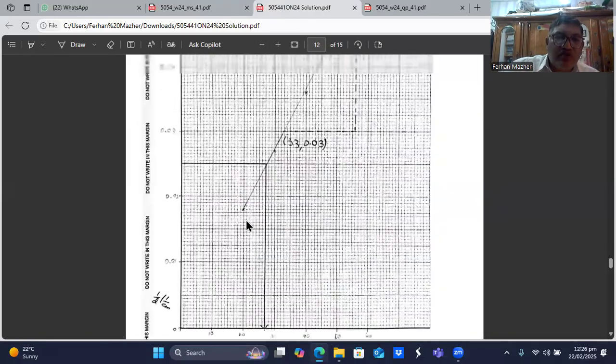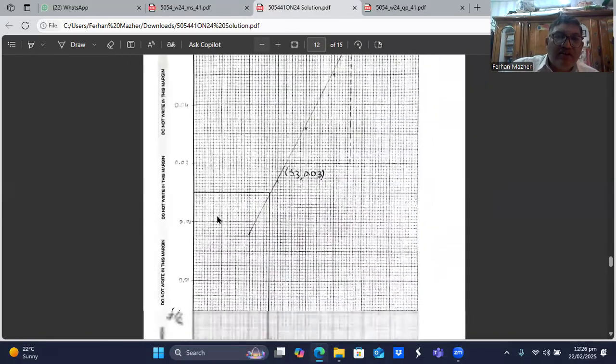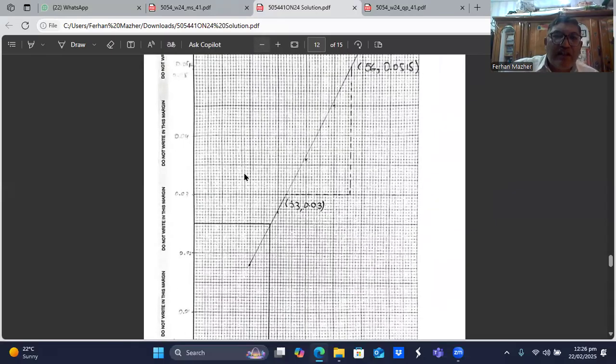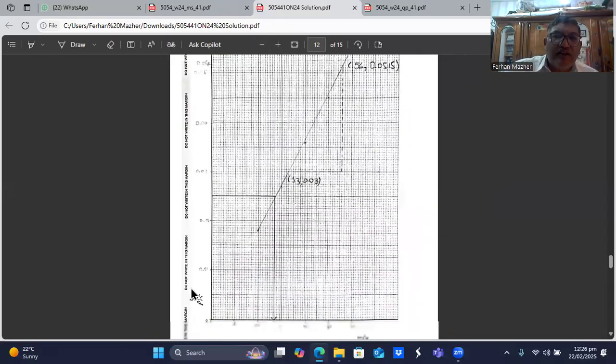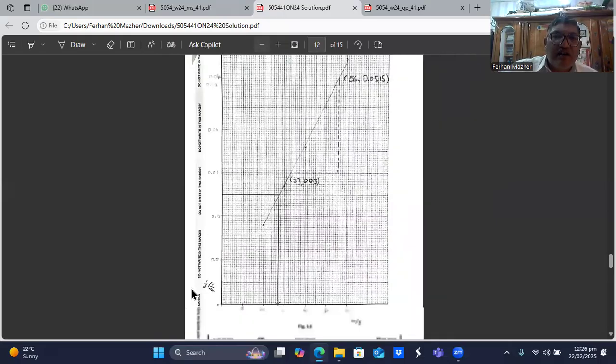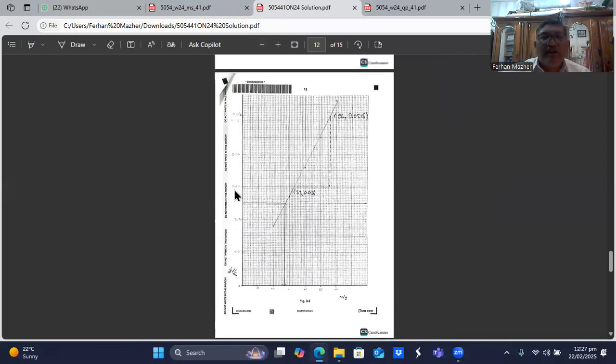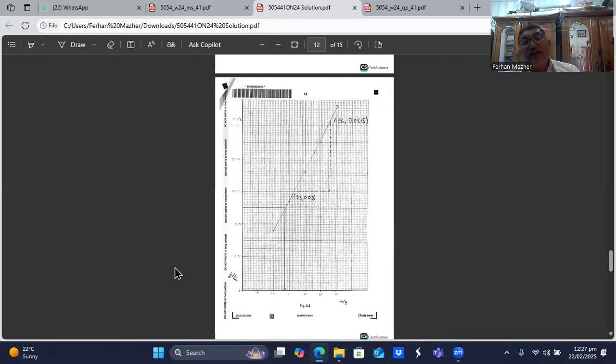Let me show you the whole graph so you can understand. They have given me the d value, 40. So I reciprocated 40 and found the answer to be 0.025. On my graph, on the y-axis, we have the 1 by d value.